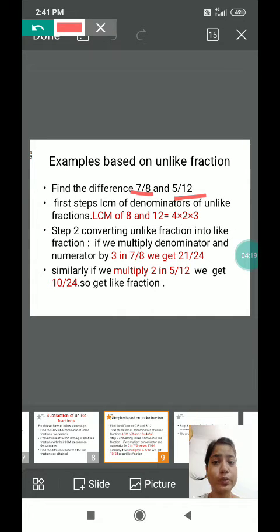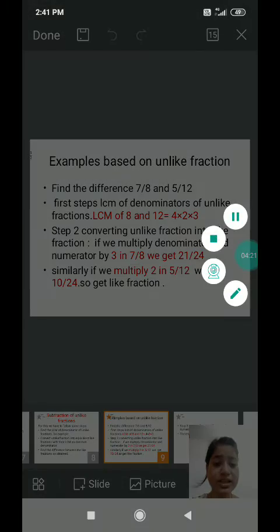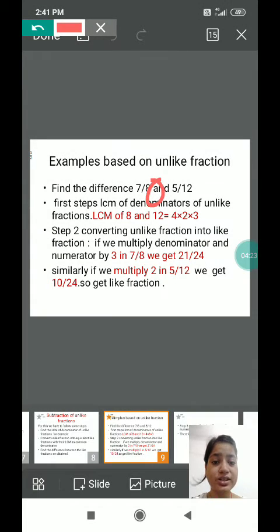I have taken this question from your maths book: 7 by 8 and 5 by 12. Both are unlike fractions because the denominator is not the same.